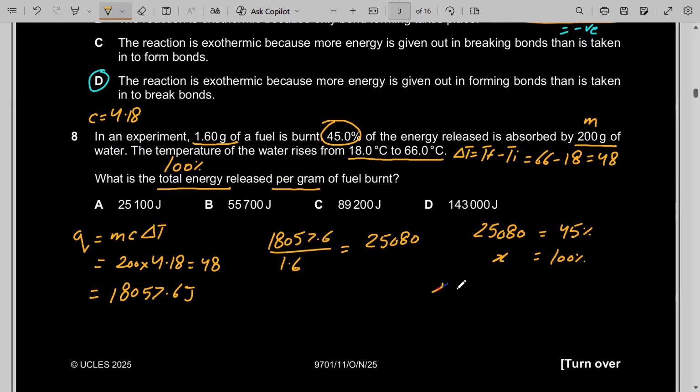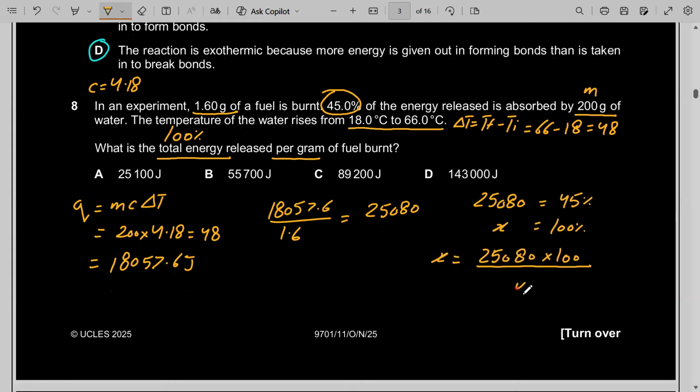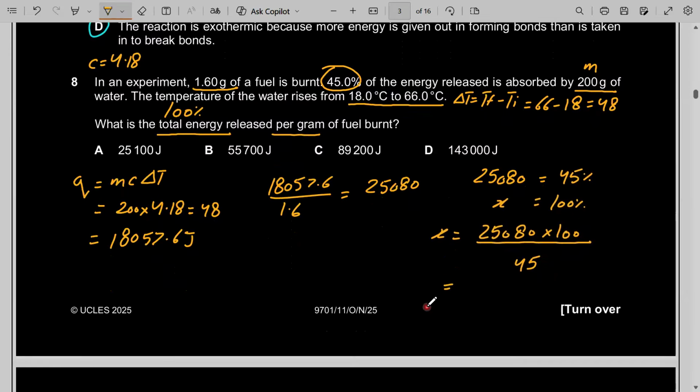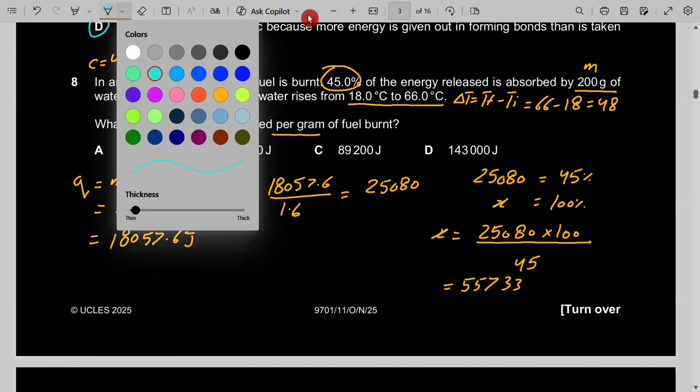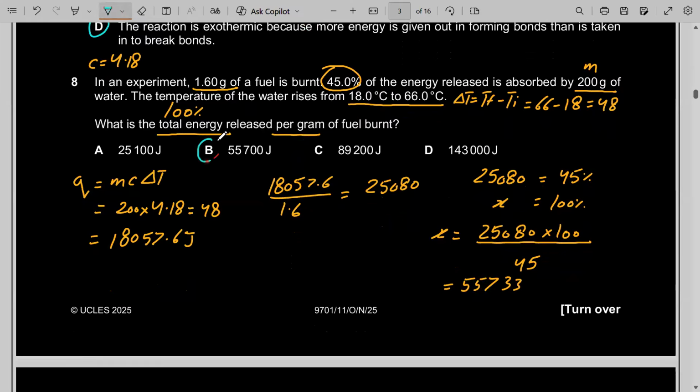So X will be equivalent to 25080 times 100 divided by 45. The answer is 55733, which is just closer to the answer given in option B. So B is the correct option.